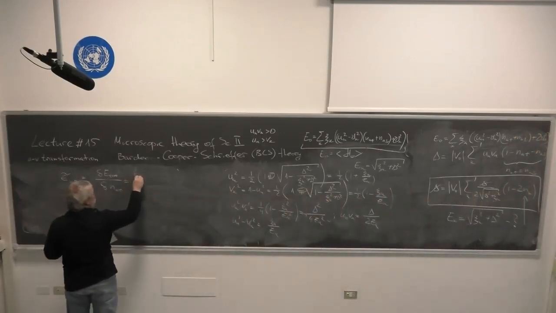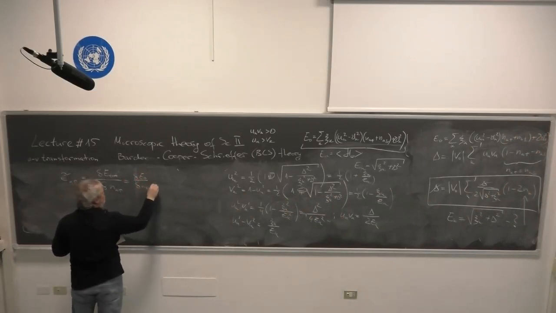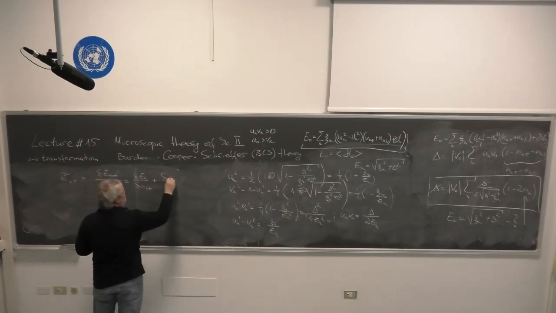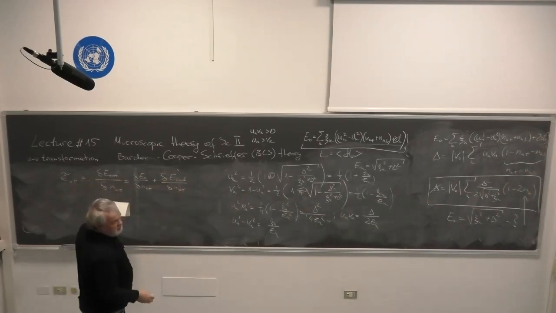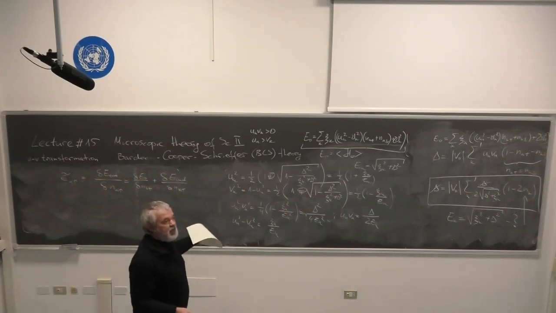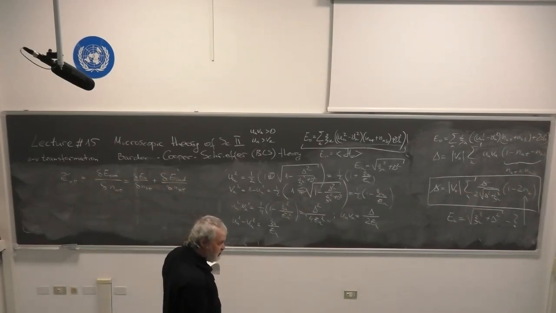this is delta E naught over delta n_k up plus delta E interaction with respect to delta n_k up. I can take the same derivative with respect to n_k down because in the absence of a magnetic field there is no difference.